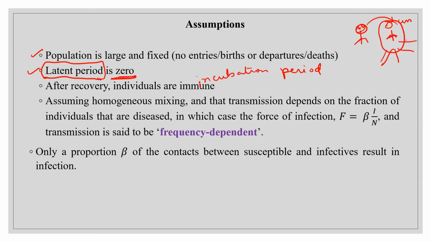They also considered that after recovery, the individuals become immune, right? They cannot catch the infection again. And they consider the force of infection as this. That means that susceptibles can only come in contact with the fraction of diseased people, and only a beta proportion of the contacts between the susceptible and infectives will result in infections.